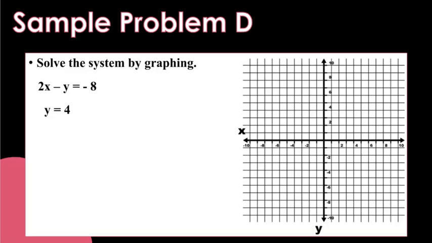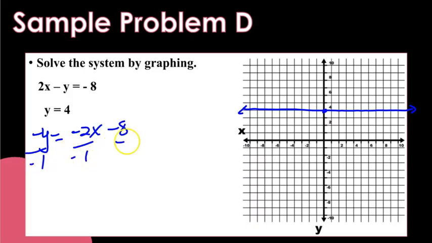Next, I have y equals 4, so it crosses the y-axis at 4. The other one, subtract 2x, so I had negative y equals negative 2x minus 8. Divide by negative 1, and I have y equals 2x plus 8. So I'll plot this one, positive 8.